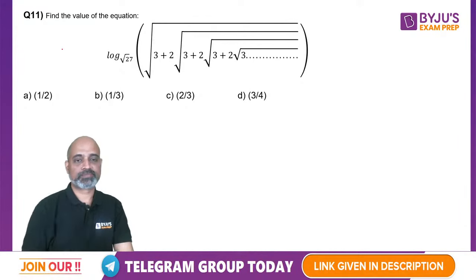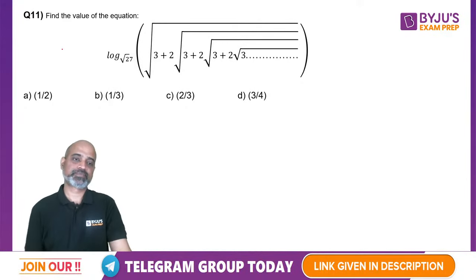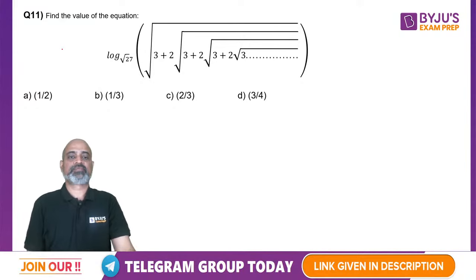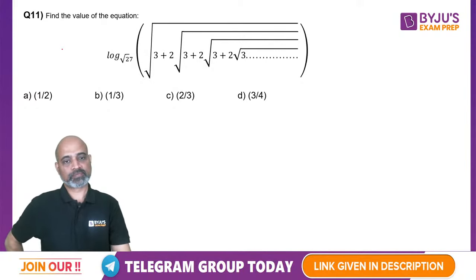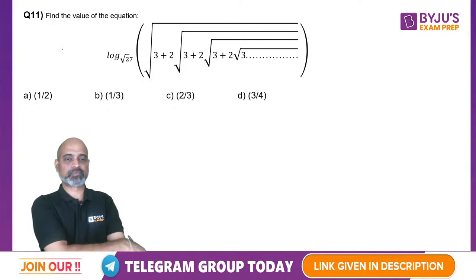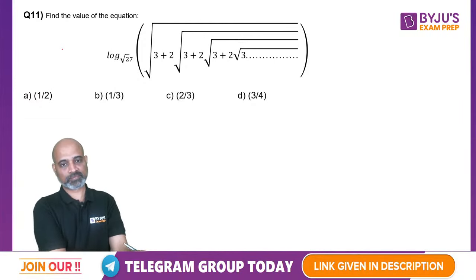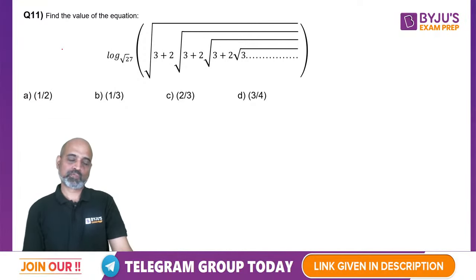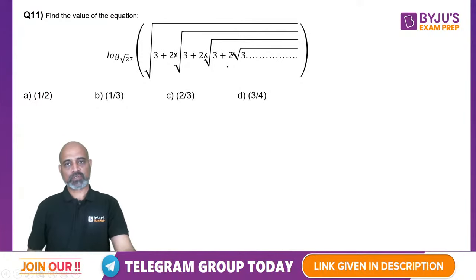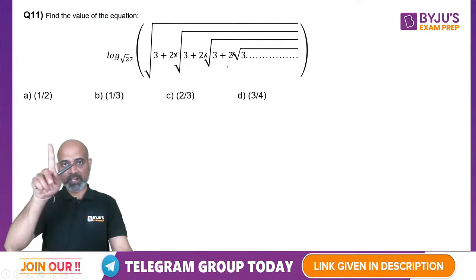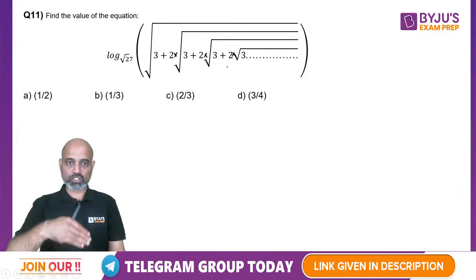Eleventh, let's try this. Okay, these are 2 into, okay, don't mistake this for a square root. These all are 2 into, because the square roots have to be written so huge, that's why it looks a little below.